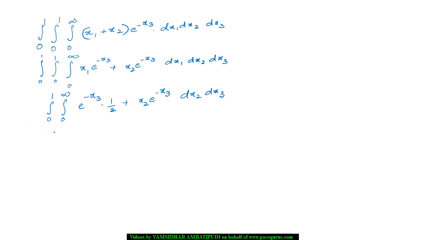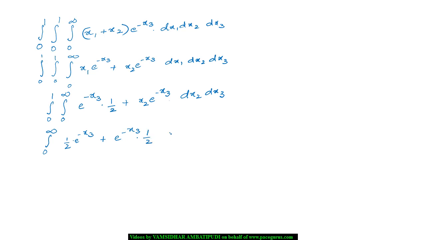Then now I'll integrate with respect to x2. So x3 is still retained. So 1 by 2 e to the power of minus x3, and that into x2, integrated between 1 and 0, is lying like this. Then e to the power of minus x3, x2 is integrated, x2 squared by 2, which is 1 by 2 again.